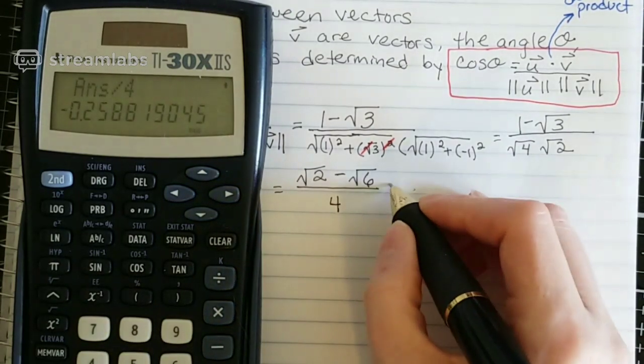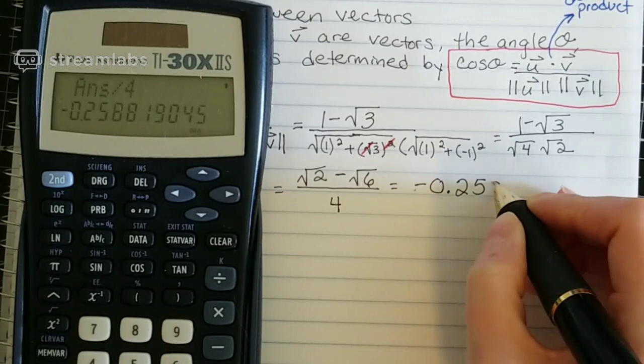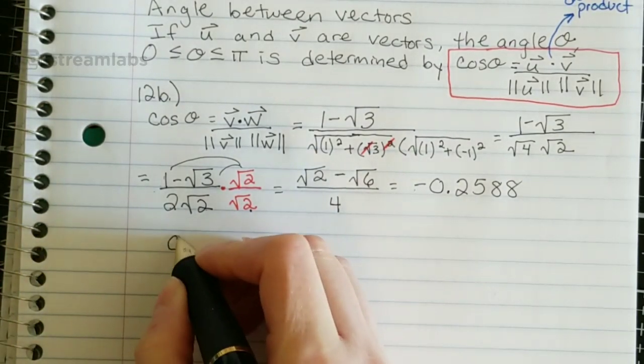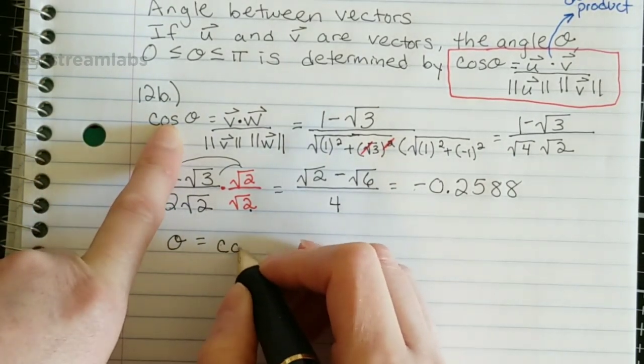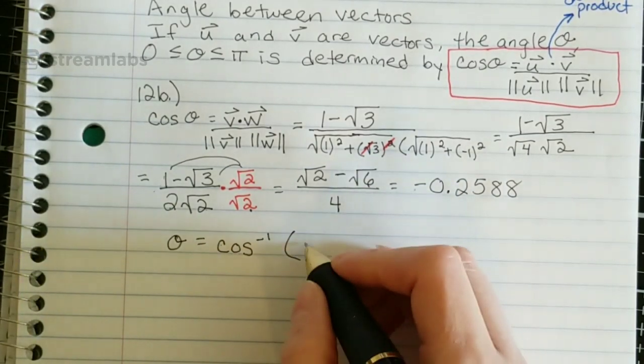So I get -0.2588. We'll just do a couple decimals. The more decimals you give, the closer to the real accuracy you are. Okay, so theta, since this says cos of theta, I'm going to need to do a cos inverse of that decimal right there.